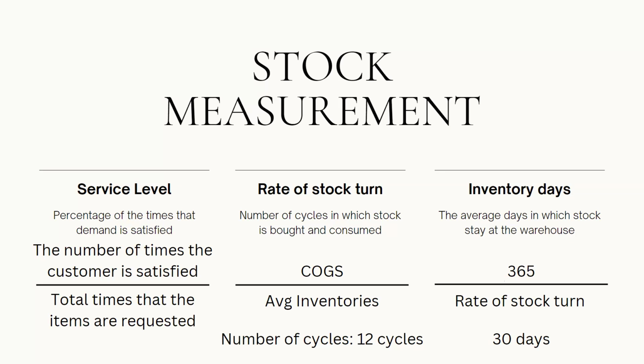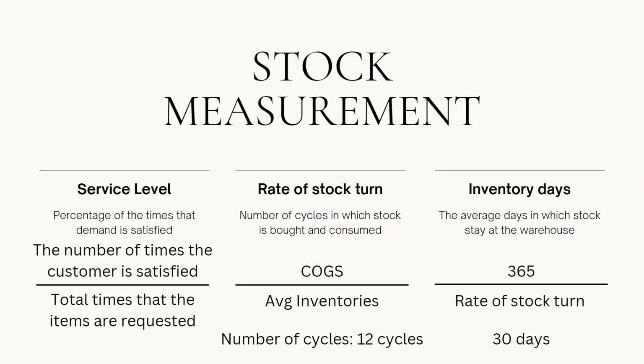To calculate the inventory day, we take 365 divided by the rate of stock turn. And to calculate the rate of stock turn, we take the cost of goods sold divided by the average inventory. And average inventory is the average number between opening and closing stock.